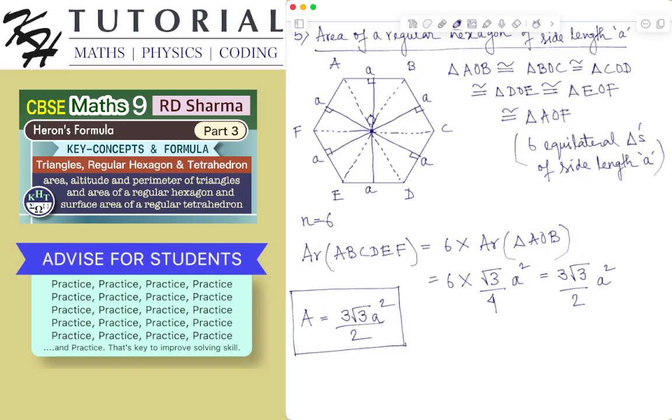And from there you can easily find out the area of the regular hexagon will be 6 times the area of each of those individual equilateral triangles. And obviously the perimeter of this regular hexagon will be equal to 6 times a. Since there are 6 sides, each of length a, perimeter is 6a.